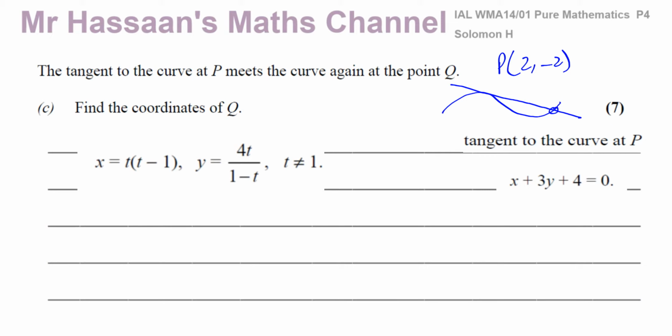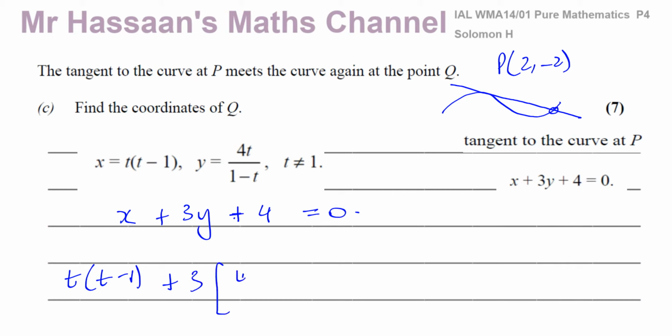Okay, so all I have to do is I've got x plus 3y plus 4 equals 0. So I'm going to replace the x with t times t minus 1 and replace the y with 4t over 1 minus t, and I've got plus 4 there equals 0.